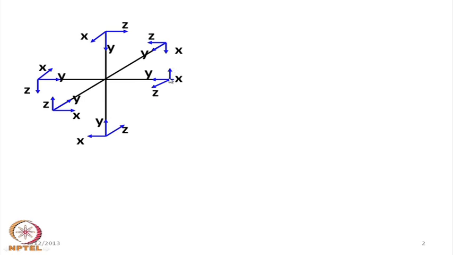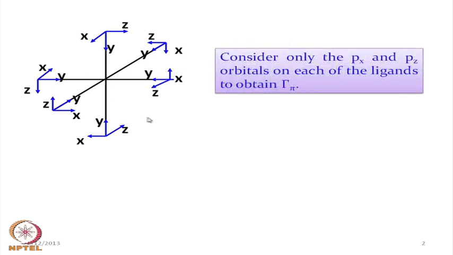The other two orbitals, the px and pz, which are perpendicular to this y axis for each individual ligand, are considered for the sideway overlap for the pi interactions with the metal ion orbitals.